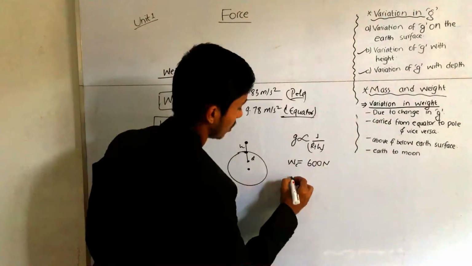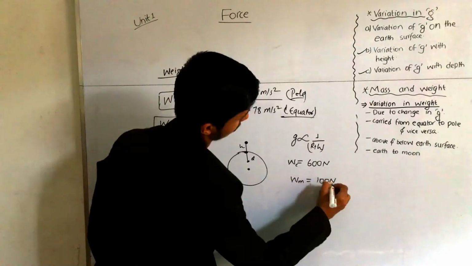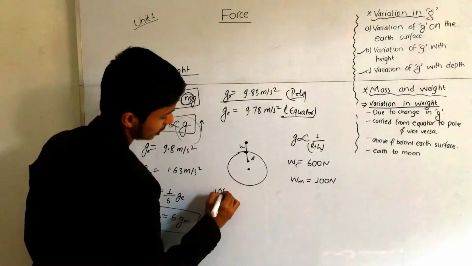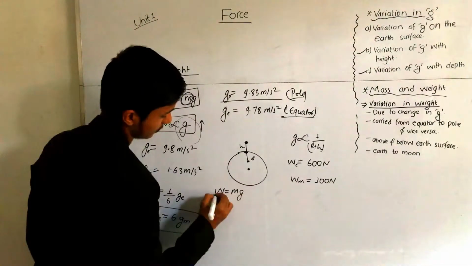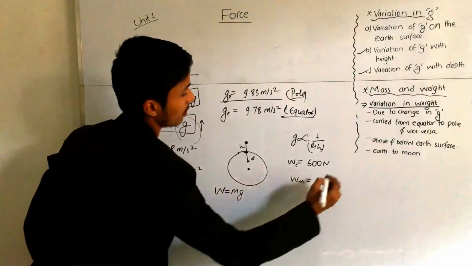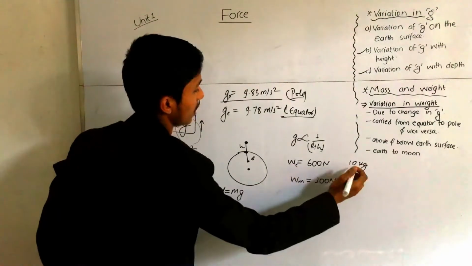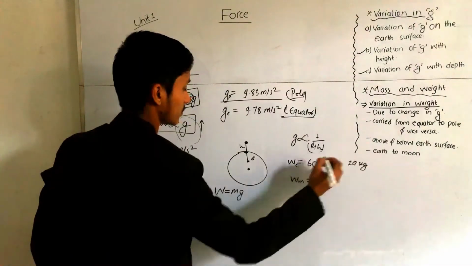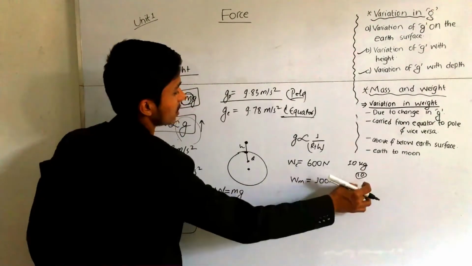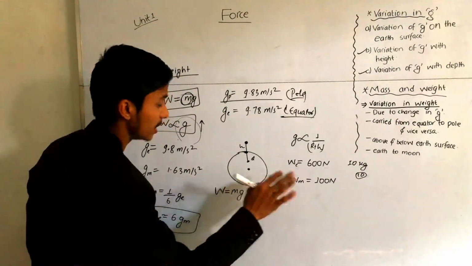Then the weight on the Moon will be 100 Newton, because we know weight is equal to mg. Now suppose the object is 10 kg, and we take the value of g as 10. This is the constant value for the Earth. No need to worry, you can take this 10 also.